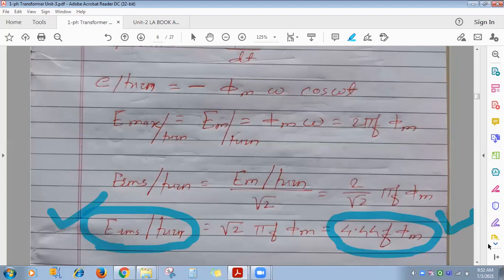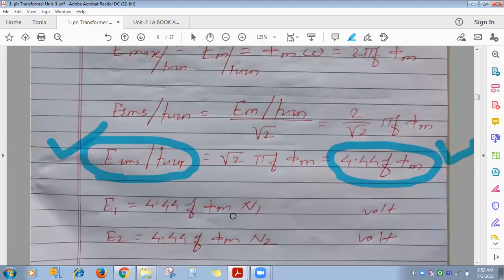You have to multiply it by N1. And the same on the secondary side. On the secondary side, N2 number of turns are there, so multiply it by N2. That will be the EMF induced in N2 number of turns, isn't it? So we got the expressions: E1 equals 4.44 f phi m N1 and E2 equals 4.44 f phi m N2.